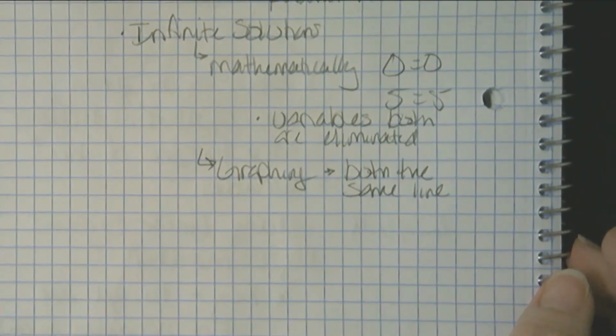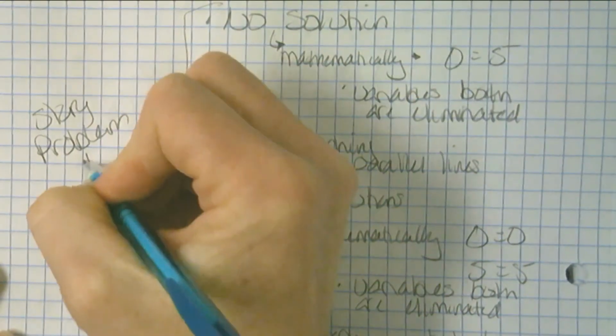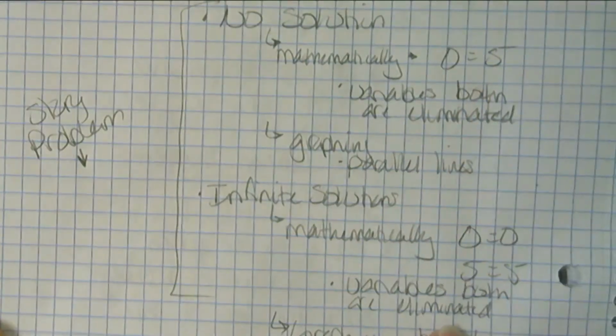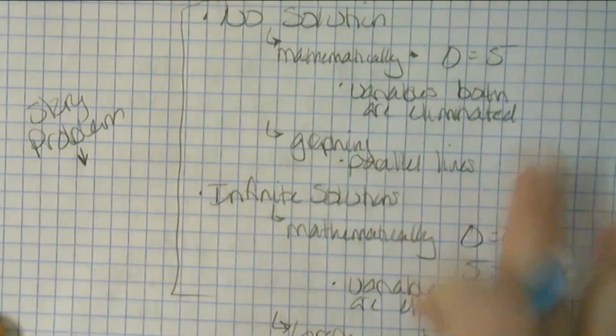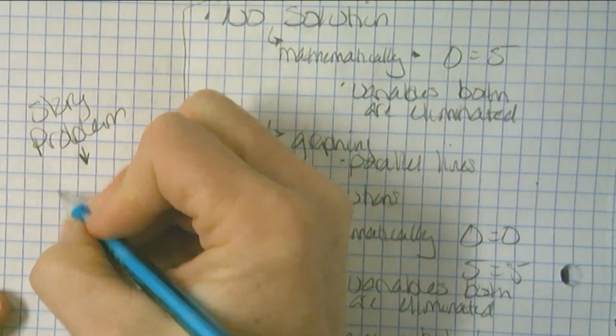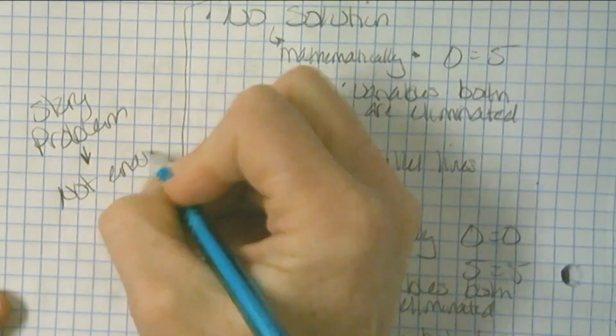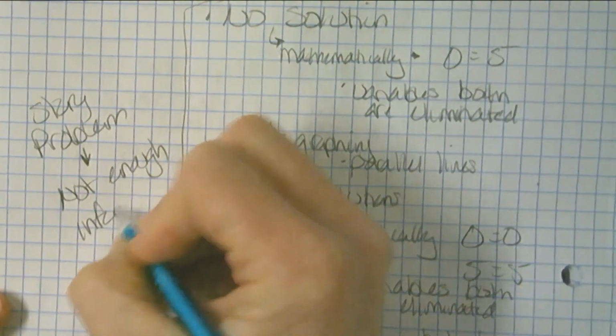If I gave you a story problem for either one of these, if you get to a point where you have a no solution or an infinite solutions, the variables go away, you're simply going to say, not enough information.